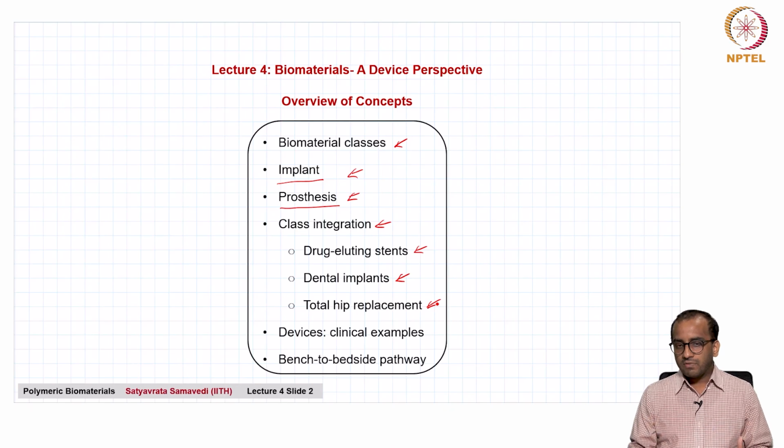And then we will also look at clinical examples of devices that have been deployed. And then we will end with a note on what it takes for a biomaterial to go from, let's say, the lab to the clinic, or what we call the bench to the bedside. What does that pathway look like? What are the checkpoints? We will look at that as well.